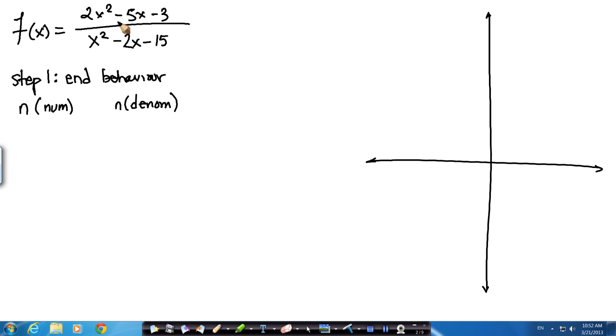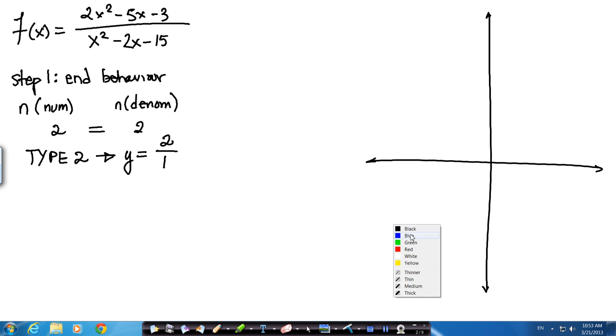The degree of the numerator is 2. The degree of the denominator is 2. Since they are equal, this is type 2. So that means that y is equal to the ratio of the lead coefficients. So in this case, 2 over 1.